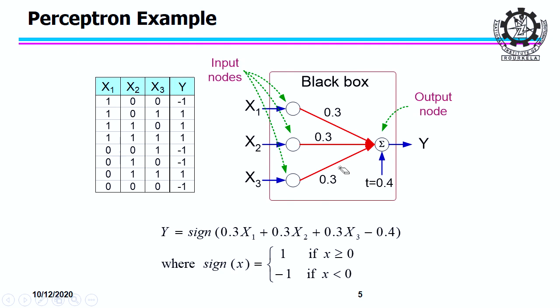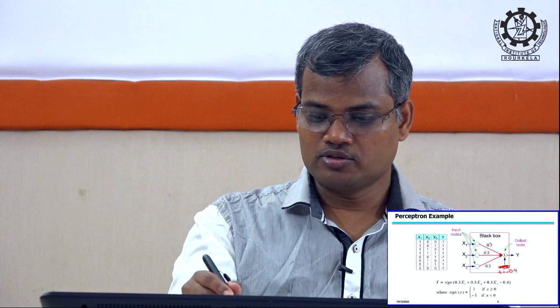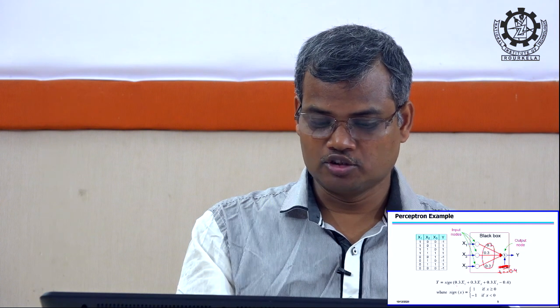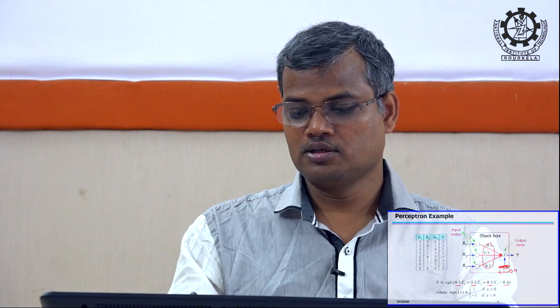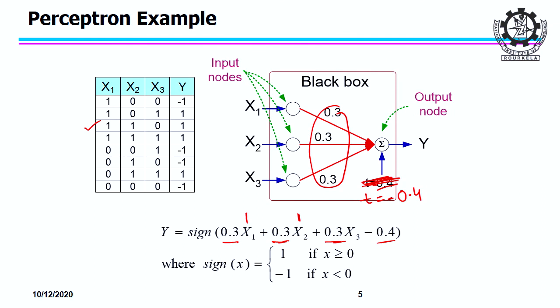So, here we have x 1, x 2, and the threshold t is minus 0.4. Once we get these weights, the simple equation is W 1 into x 1, plus W 2 into x 2, plus W 3 into x 3, and then minus 0.4 plus B. Now, take any values, let us say x 1 is 1, x 2 is 1, x 3 is also 1, and B is 0.